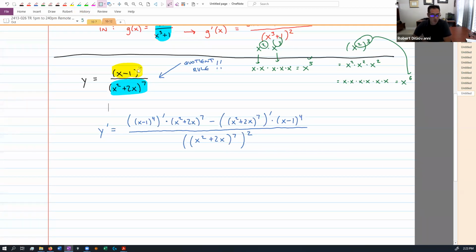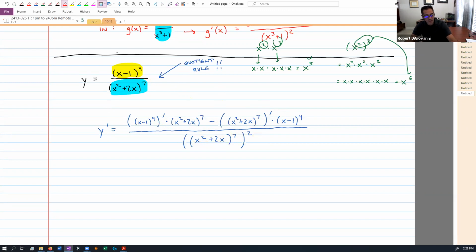So I'm going to follow the quotient rule. The quotient rule says I take the derivative of the top, then multiply it times the bottom. Then subtract from that the derivative of the bottom times the top. Then all of that over the bottom squared. Understand?